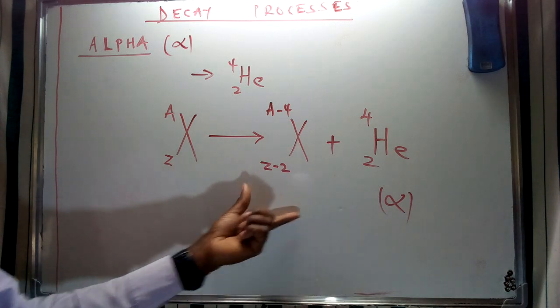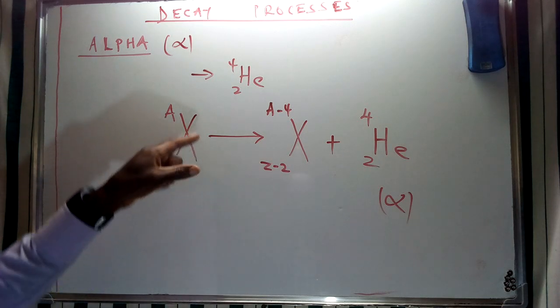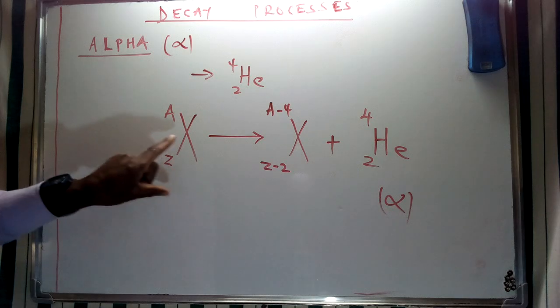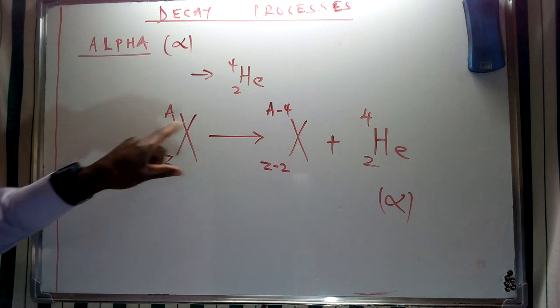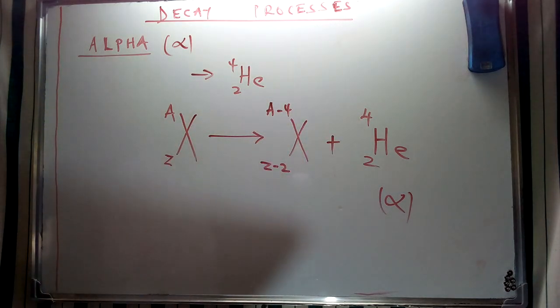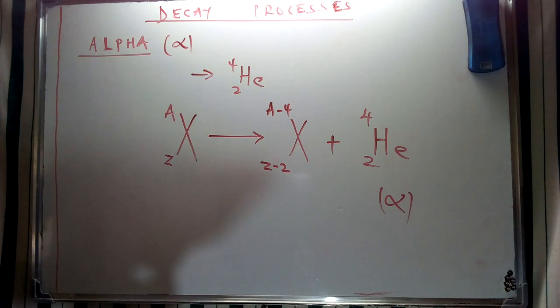So therefore, this one can be assumed to be some kind of a stoichiometric form, whereby we are going to see that the mass number and the atomic number are, of course, equivalent if we consider the product side and the reactant side, respectively.